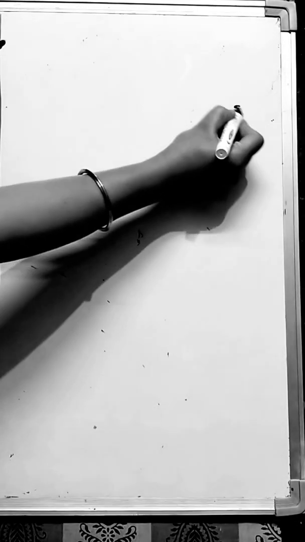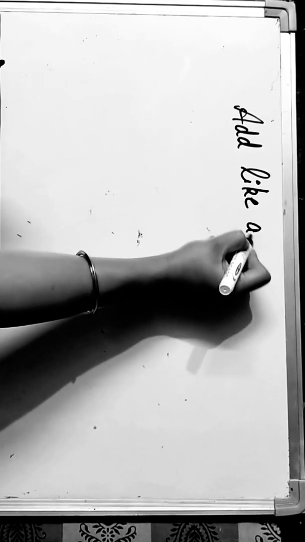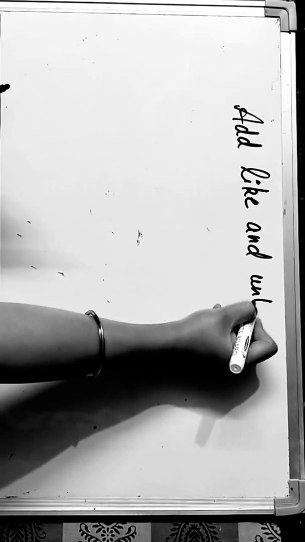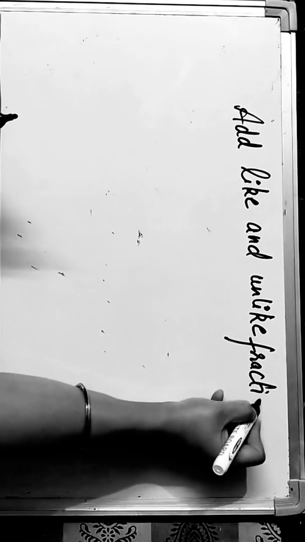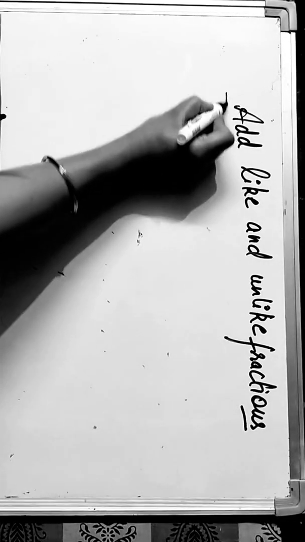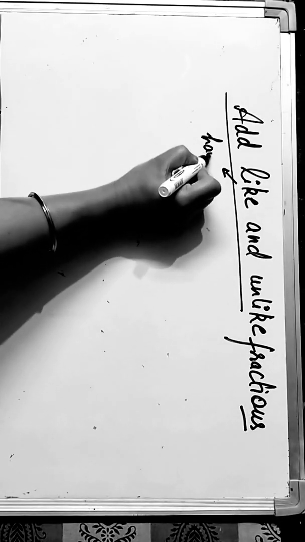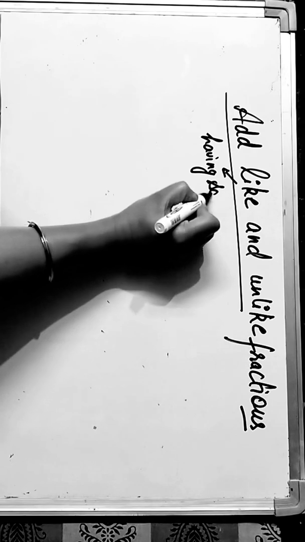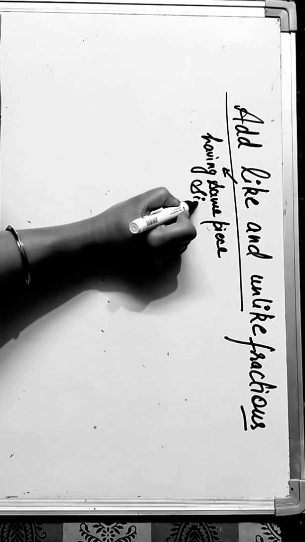So now we learn how to add like and unlike fractions. One more time, what are like fractions? Having the same piece size.